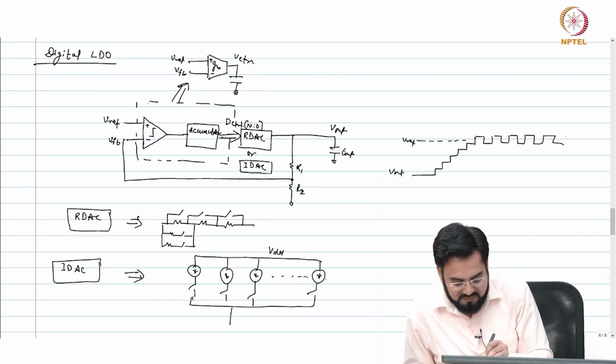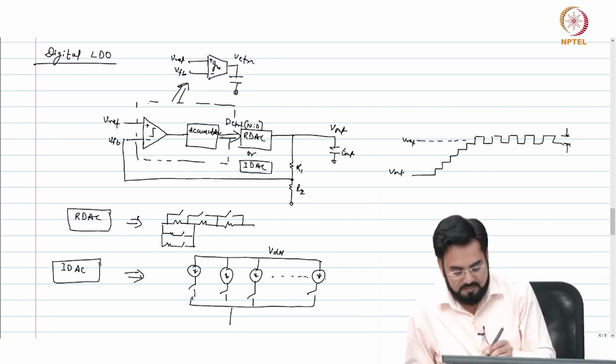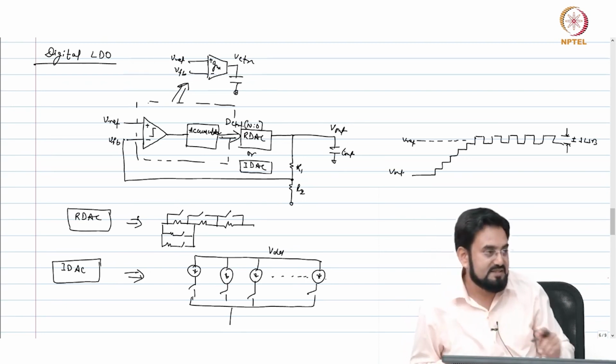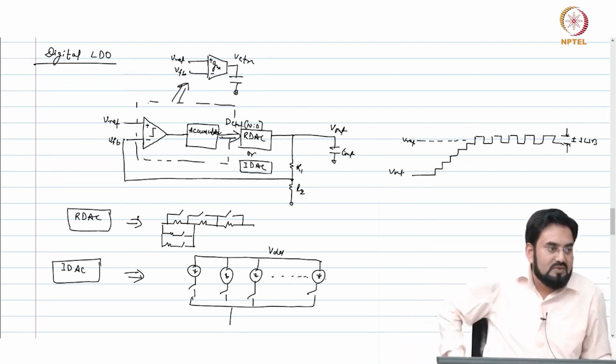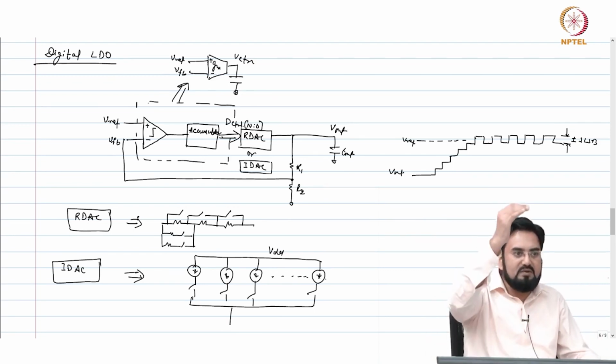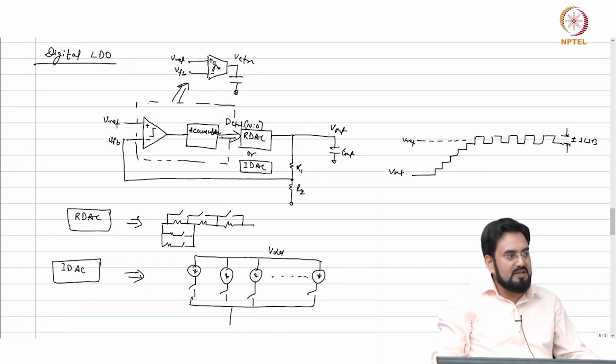And what will be the size of this? Plus minus 1 LSB, worst case. So if you are at the very boundary, actually you can jump up by 1 LSB and you can go down by 1 LSB. So you can always have plus minus 1 LSB error.